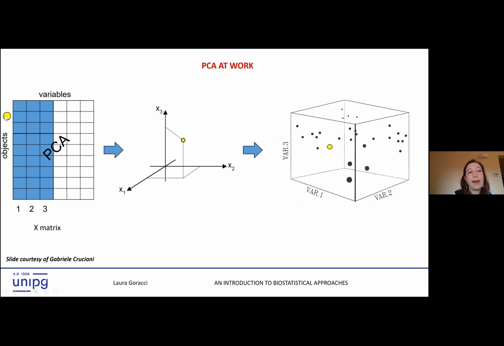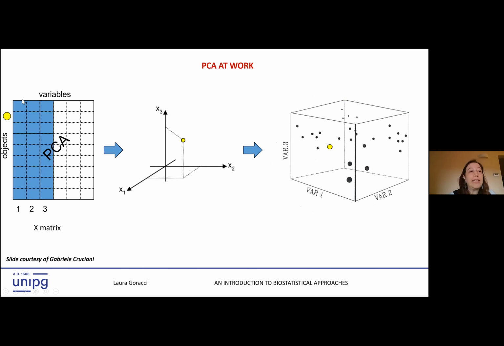That means objects are our experimental data, our samples measured, let's say, and variables are our lipids. And since our brain is limited, let's imagine that we are working only with 3 variables. This doesn't happen in reality, but let's work with 3 variables. Each object, so each experiment I'm doing, can be plotted in the space defined by x1, x2, and x3, my 3 variables, using, for example, the peak area that I have here, like a coordinate in the space, right?